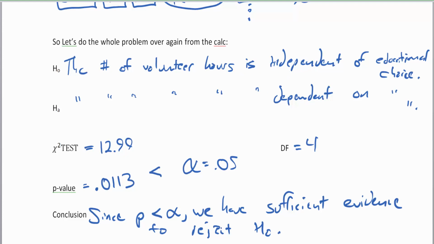There is some influence, and we don't actually know what the influence is. I gave you a possible reason for the influence, but that's by all means not the exact answer. We just know that this is a rare event. We did not get the expected values that we thought we were going to get. So therefore, the volunteer hours is definitely dependent on the educational choice.